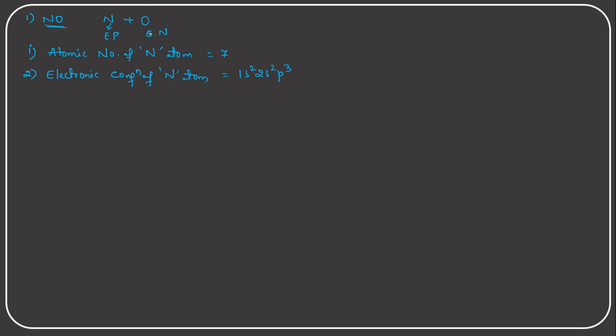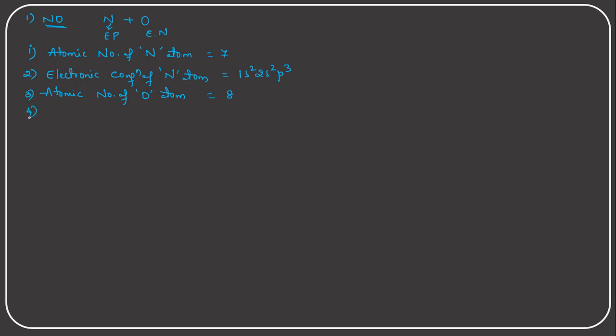Now we have to know the atomic number of oxygen and the electronic configuration of oxygen also. The atomic number of the oxygen atom is 8, right?